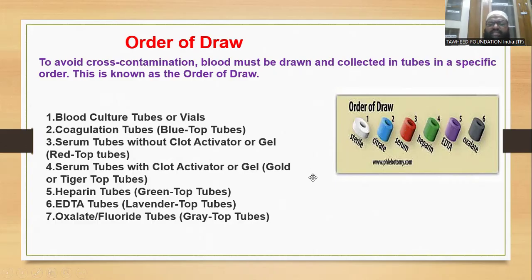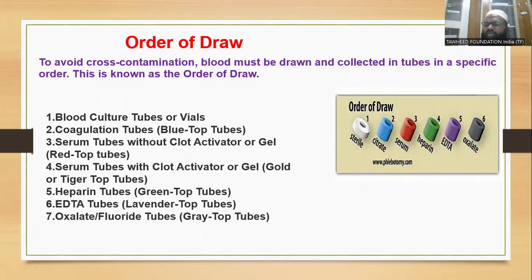And the fourth one is serum tubes with clot activator, which we have already discussed, gel gold or tiger top tubes. Fifth one is heparin tubes. In this diagram heparin shows as fourth, but one more is missing. No issues. Serum tubes with clot activator or gel gold or tiger top tubes can be used in this third and fourth area. So fifth one, heparin tubes, green top tubes.